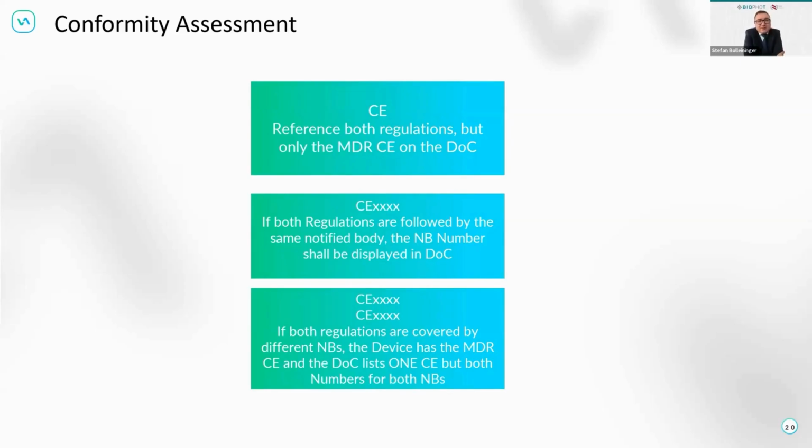Therefore, it is very important for you as a manufacturer to watch out if your notified body will be able to utilize both regulations, so AI plus MDR or AI plus IVDR in the combination.